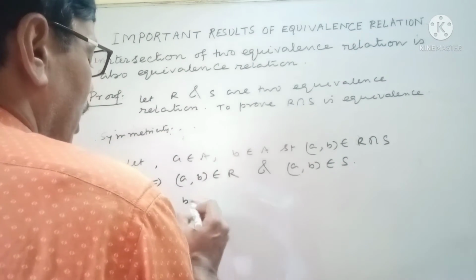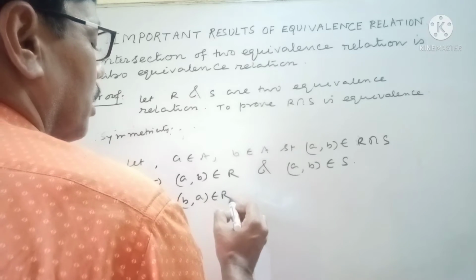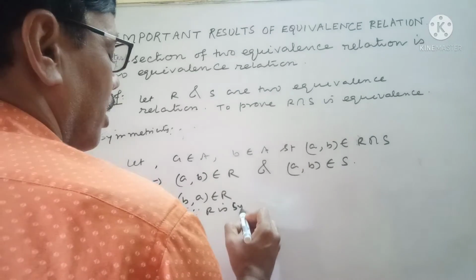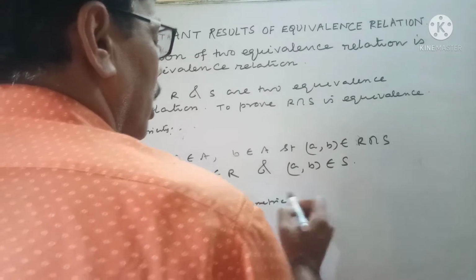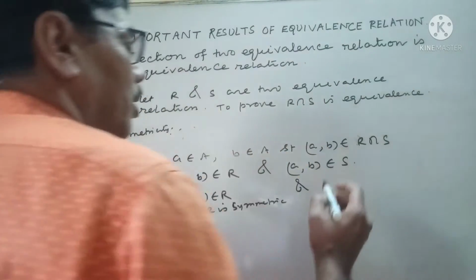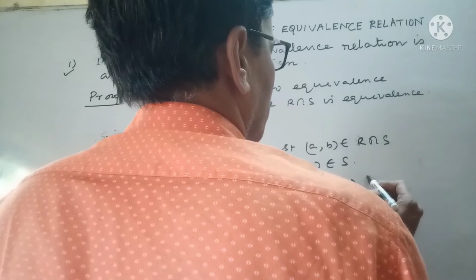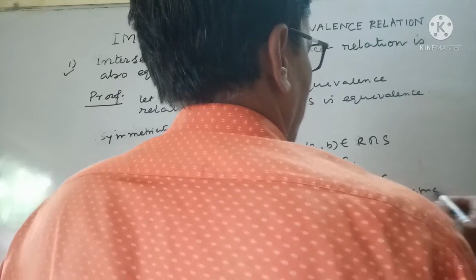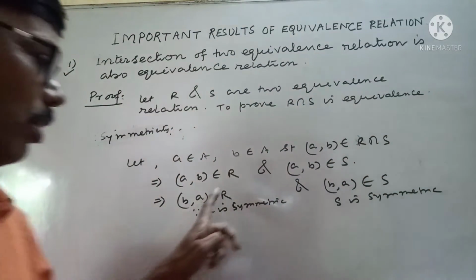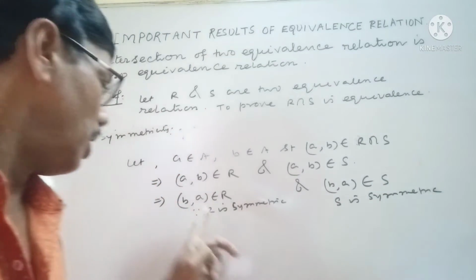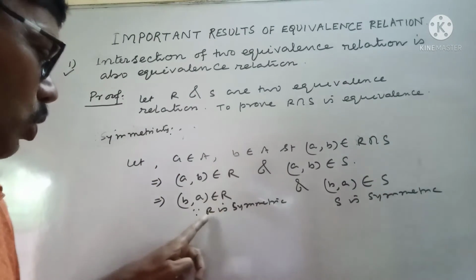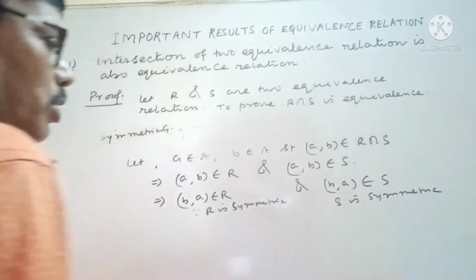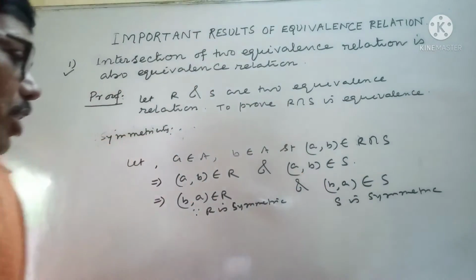Now (a, b) belongs to R implies (b, a) belongs to R, since R is symmetric. And (a, b) belongs to S implies (b, a) belongs to S, since S is symmetric.